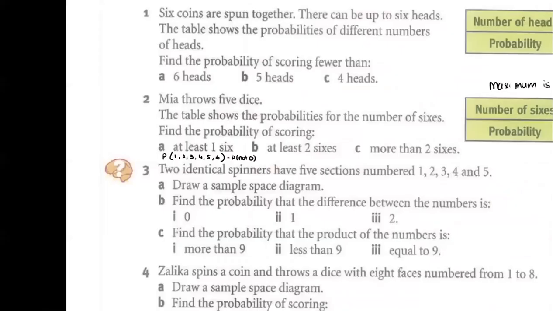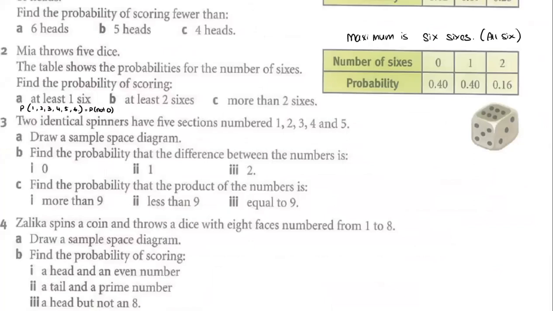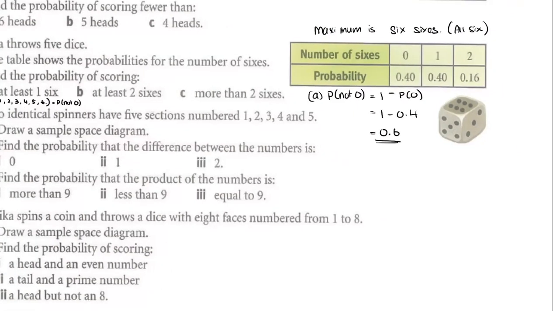Means 1 and above, you just take 1 minus the probability of not 0. So for question A, you just take 1 minus the probability of 0. 1 minus 0.4. So this is the probability of it. At least one means 1, 2, 3, 4, 5, and that's it.